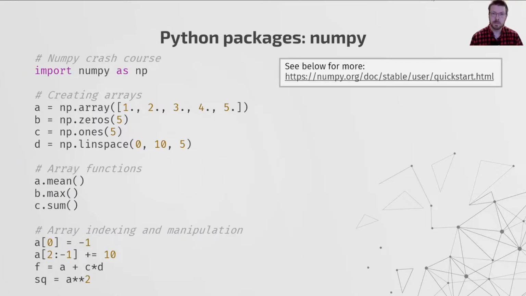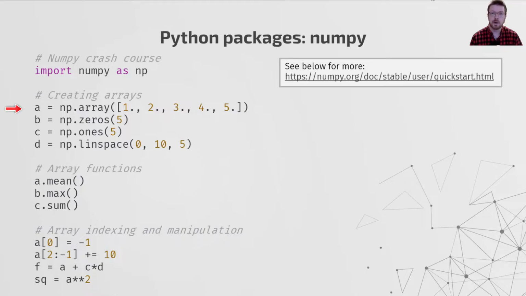Since we'll be using NumPy and Pandas in the exercises later, we will now have a very quick crash course on how to use them. Of course, more documentation and an endless number of examples can be found on the internet. Customarily, NumPy is imported as np.